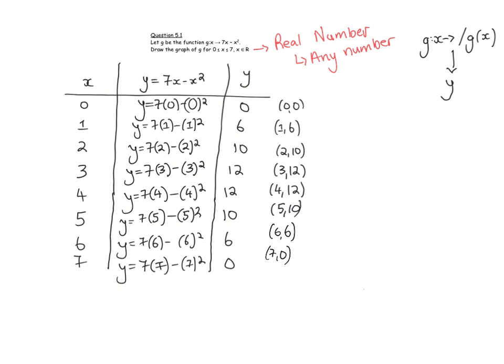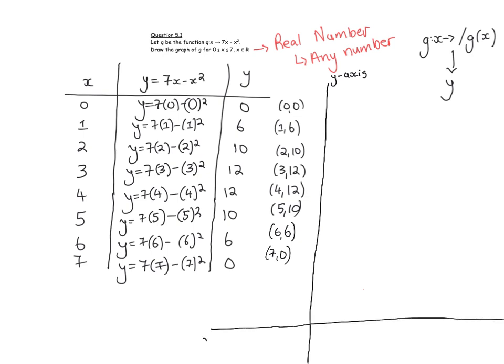Now, the next thing we need to do is draw this graph. So I'm going to draw it here on the right hand side. So this will be our y-axis. And then I'm going to draw the x-axis along here. Now, of course, you'll be drawing this in your maths copy or on an exam paper.